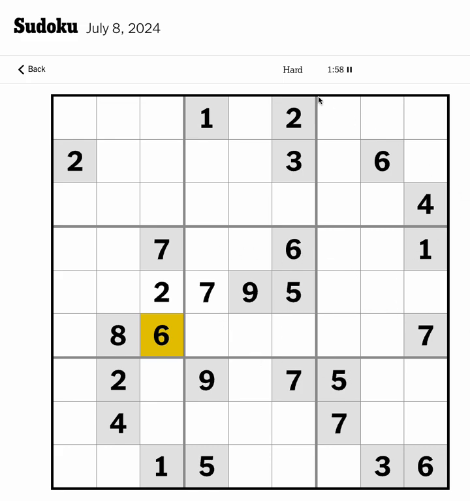So the maximum number you can have is 2 numbers vertically, 2 numbers horizontally.